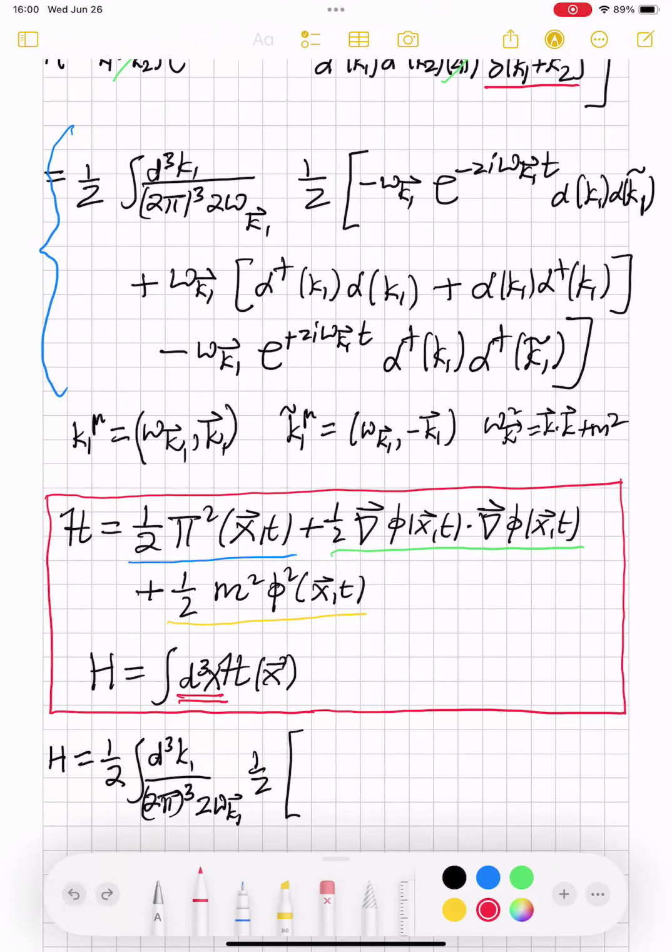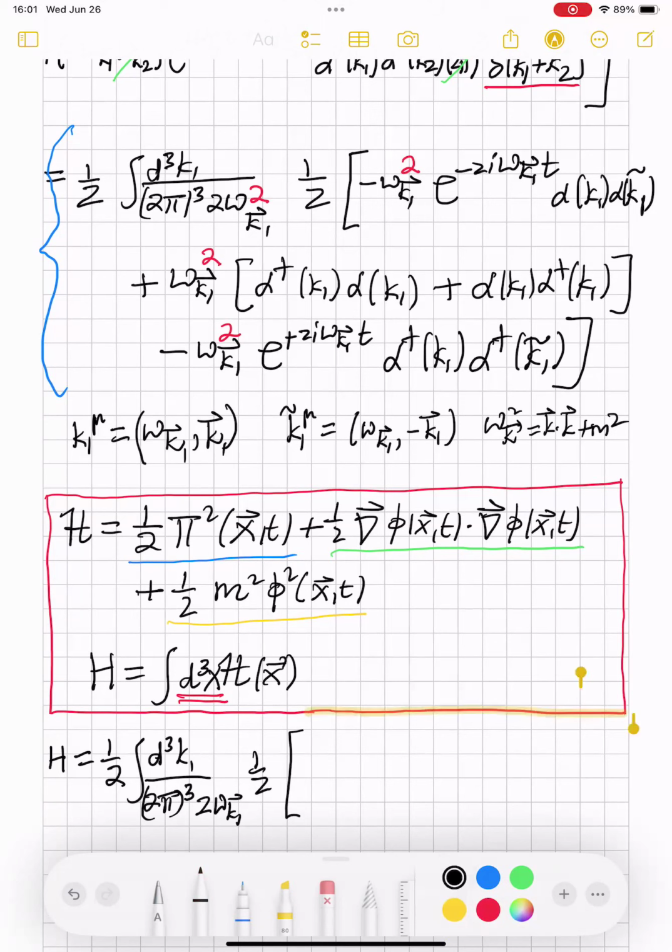They would completely cancel. Equivalently, I can change this to an omega K1 squared, as long as I put a squared there, a squared there, and a squared there. The omegas cancel, but so will the omega K squareds. And this is just going to make it slightly easier for me to write down the answer that I'm going to write down now.